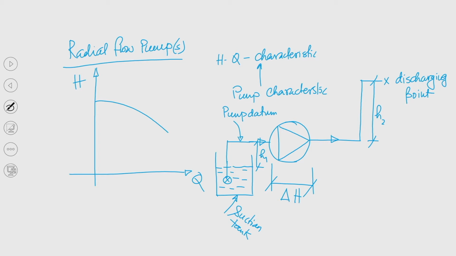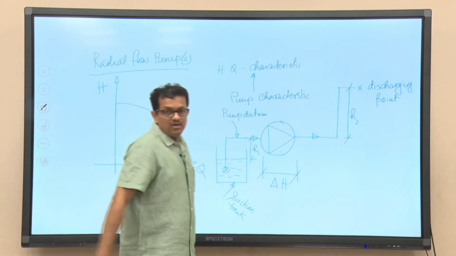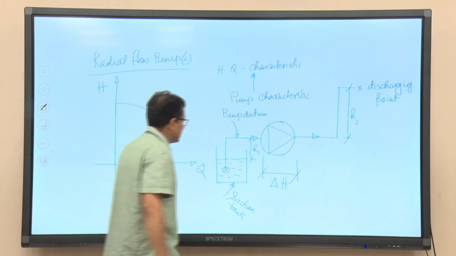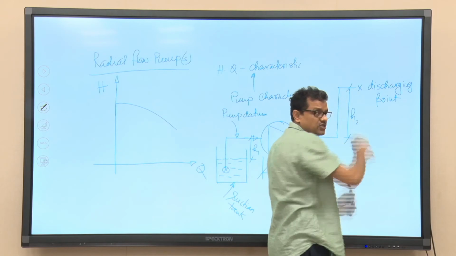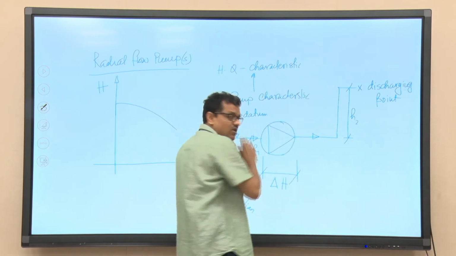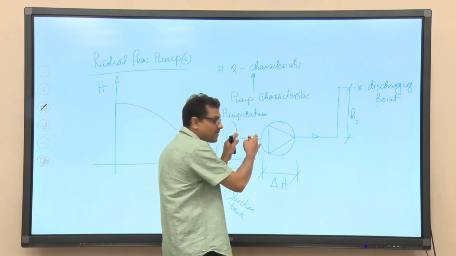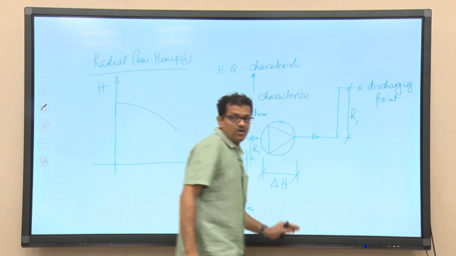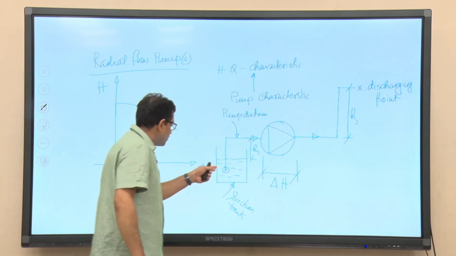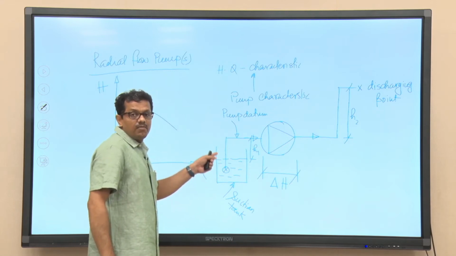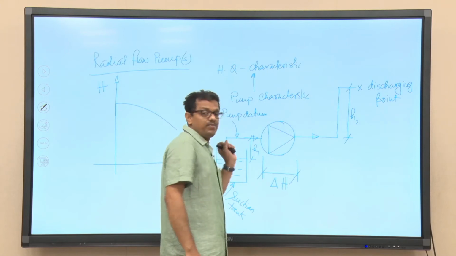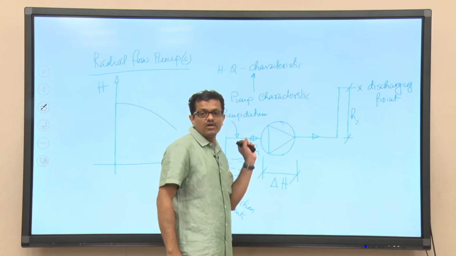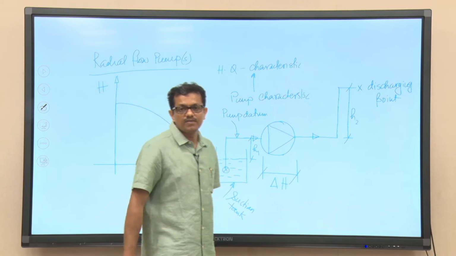The total head that will be developed by the pump will include this static height H1, this static height H2, friction loss both in the suction pipeline and delivery pipeline, minor losses due to the presence of the strainer, minor losses due to the bends which will be required for the smooth operation of the system.